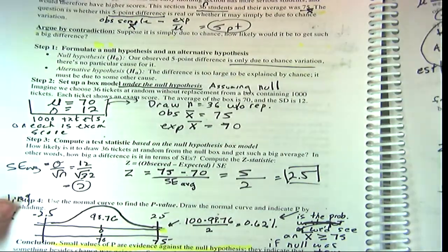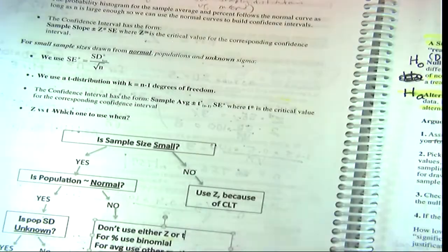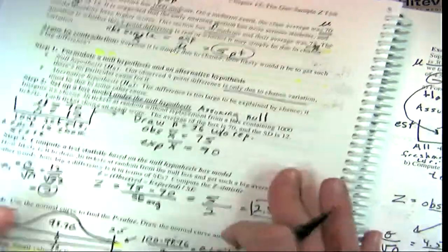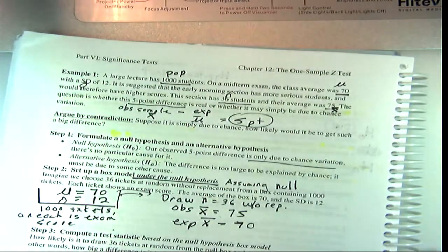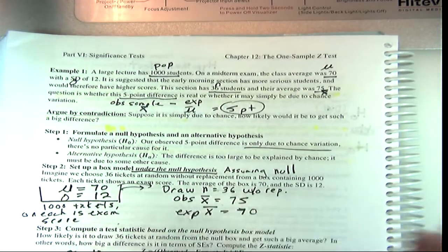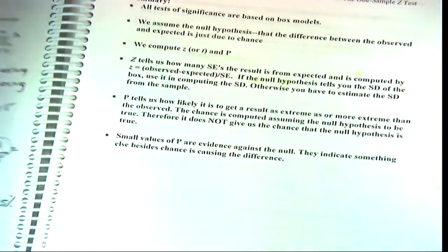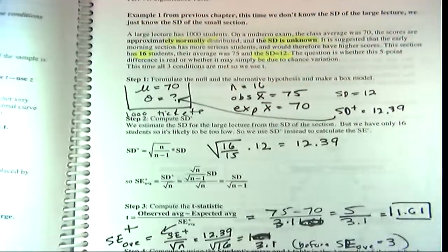Our Z was bigger. Why? We had a huge sample size here. That wasn't the big difference. Here we have a sample size of 36. I'm sorry about that.